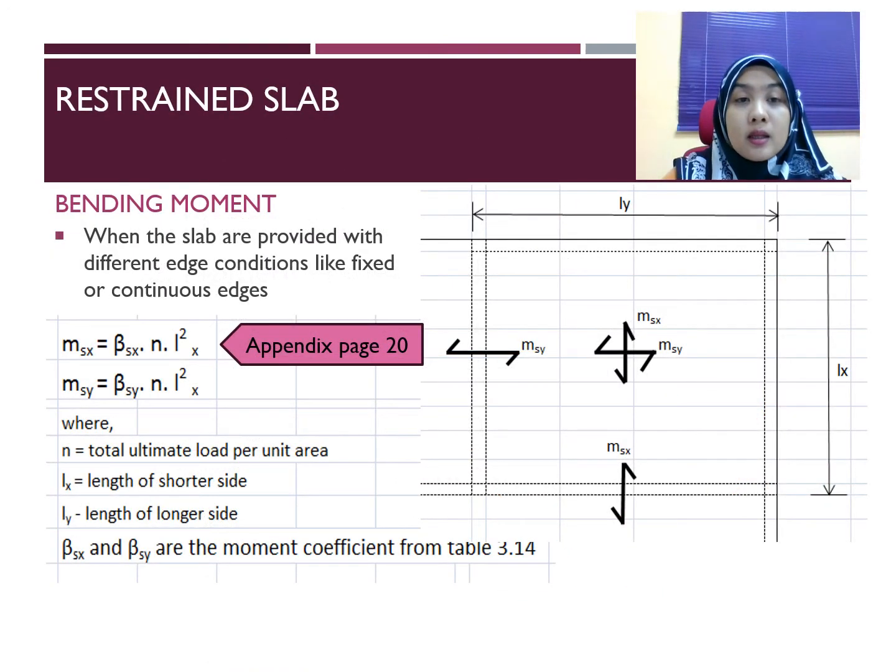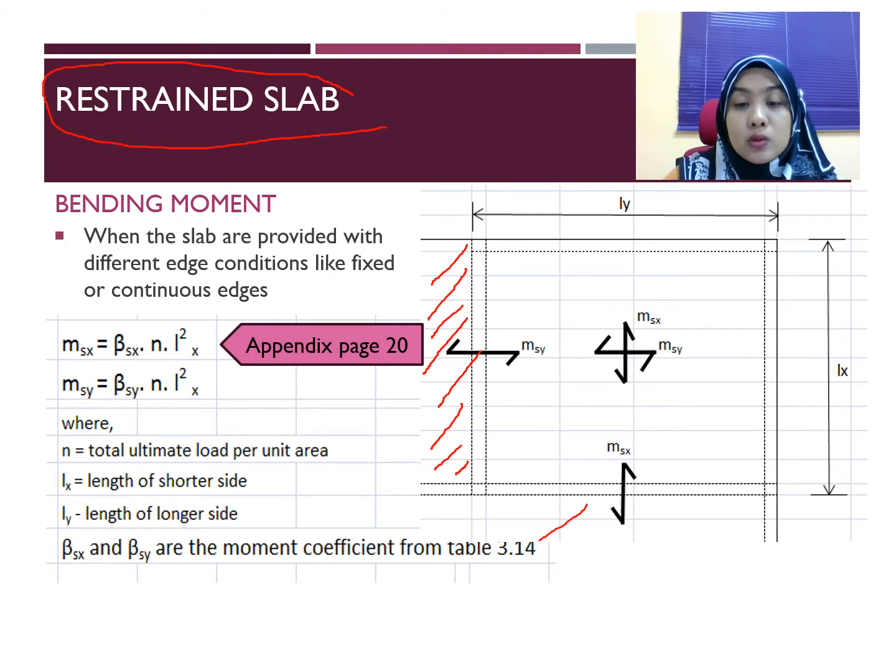Okay, so another type of two-way slab is the restrained slab. What is meant by restrained is that a part of the slab is continuous with others. For example, let's say the left side is actually a continuity of the slab, so it becomes continuous, and here is also continuous.